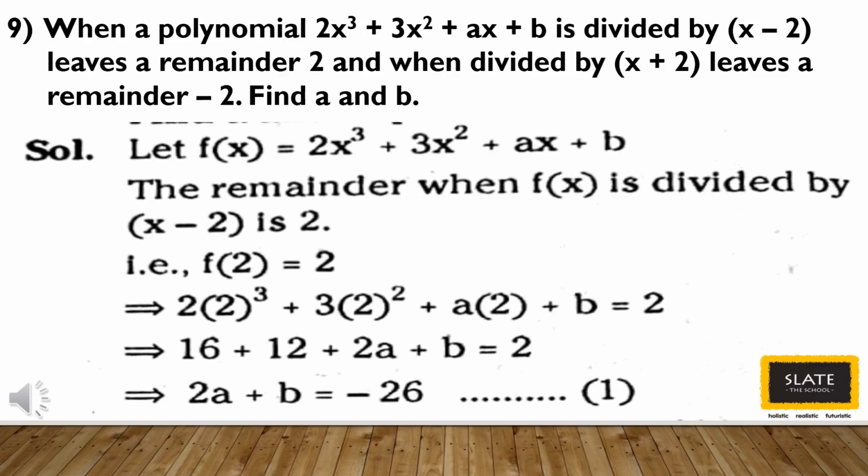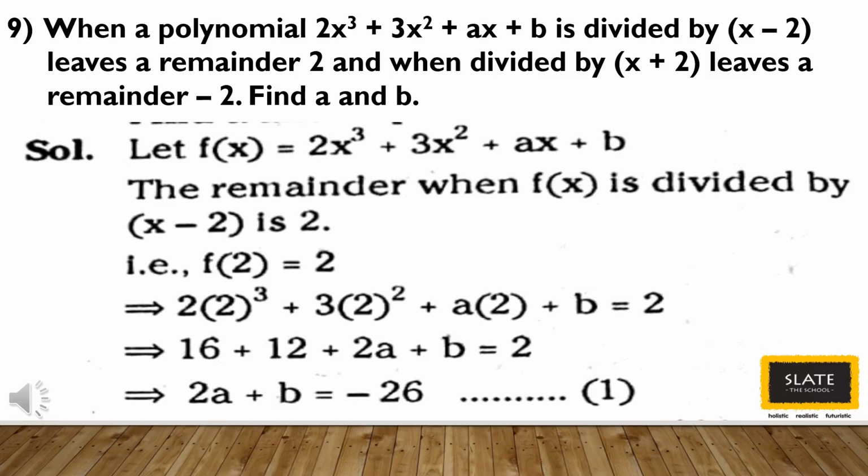That is, by remainder theorem, f of 2 is equal to 2. Let us replace x with 2 in the given polynomial f of x and equate it to 2.